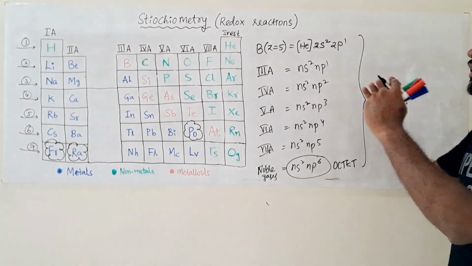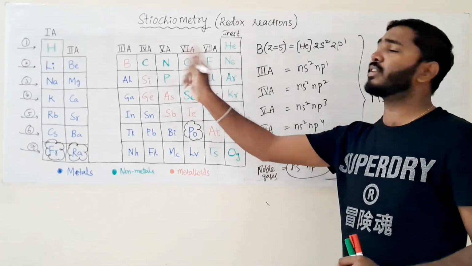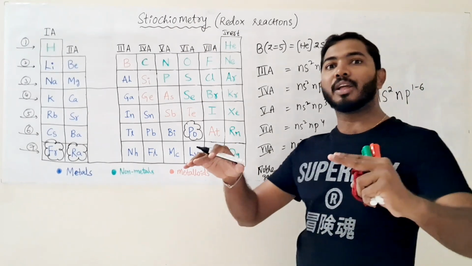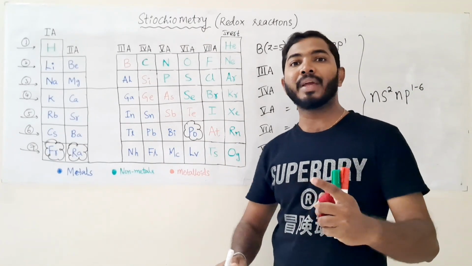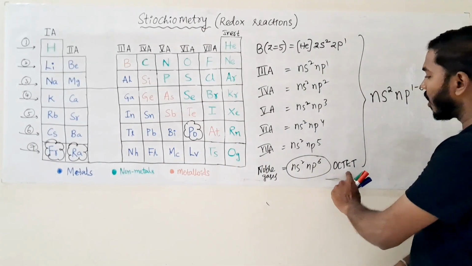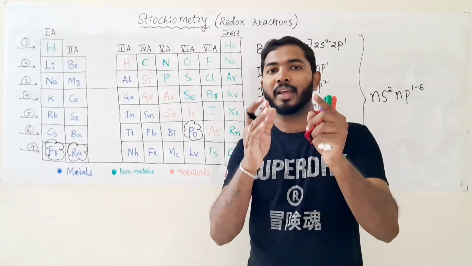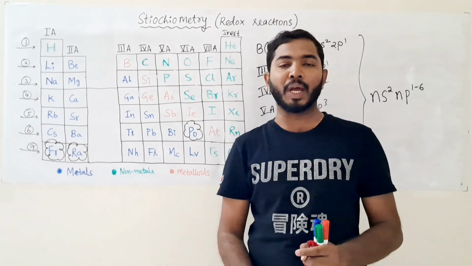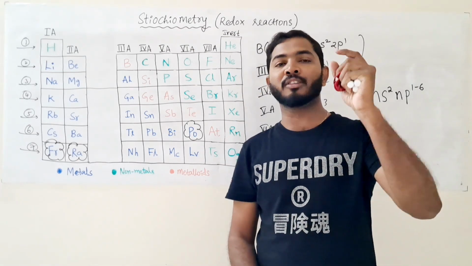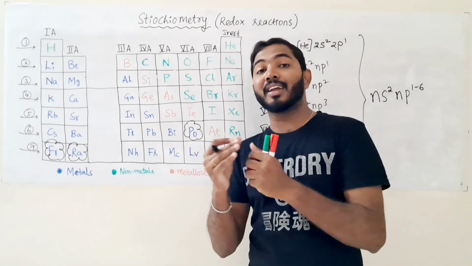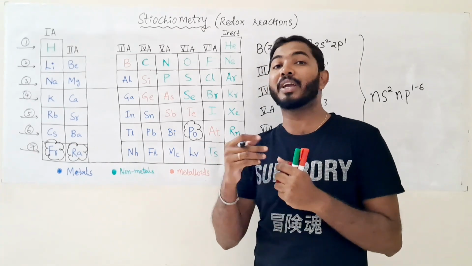Now next, let's think about these elements. I told you these noble gases are the ultimate stable elements in the periodic table, because they have octet configuration in their valency shell. Yes, they have 8 electrons in their valency shell, so they are considered more stable. And like noble gases, even the other elements will be interested to become stable.